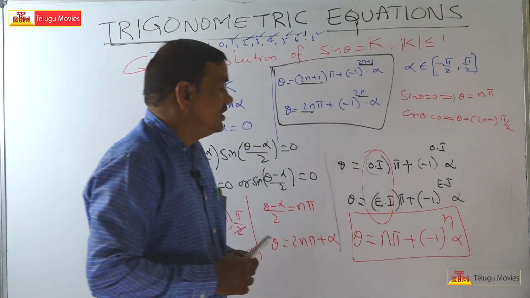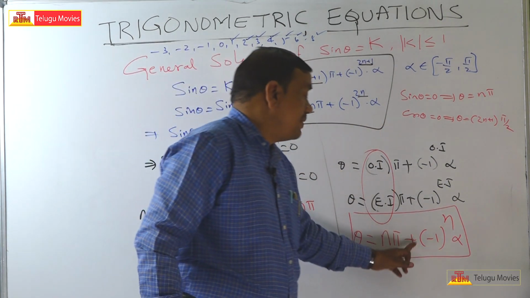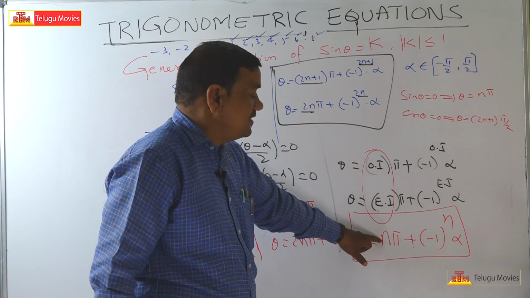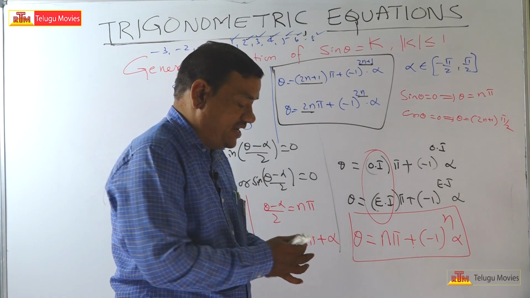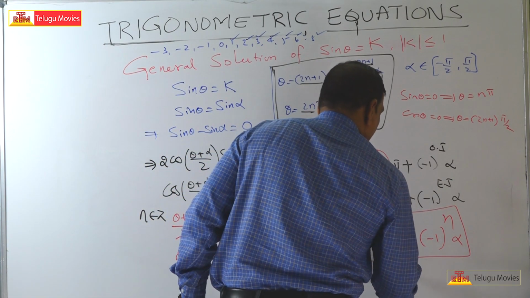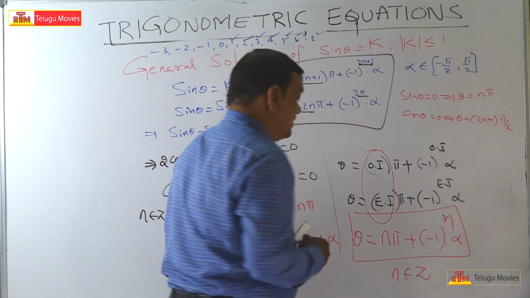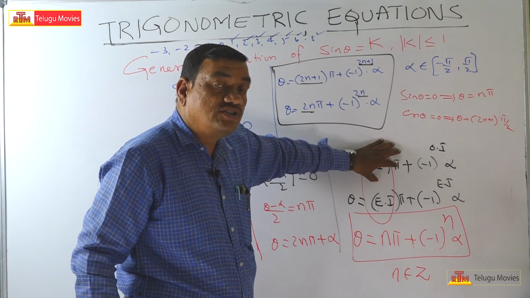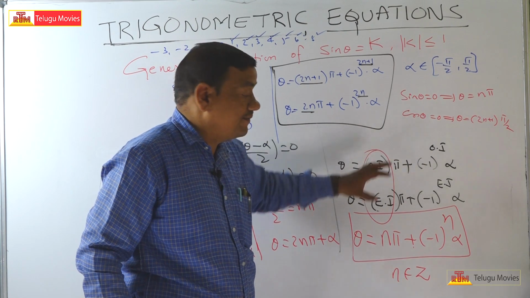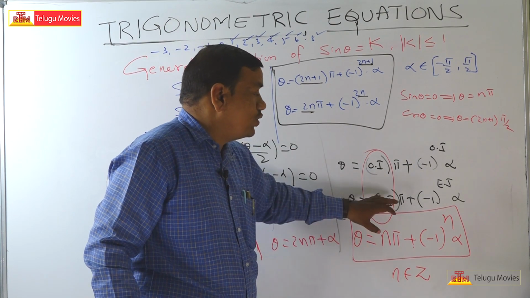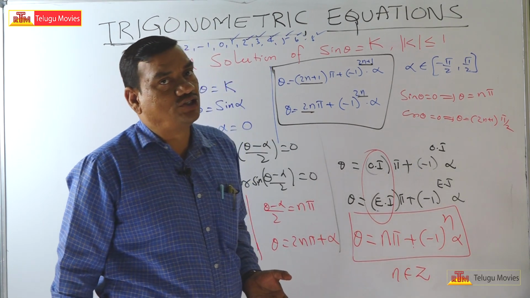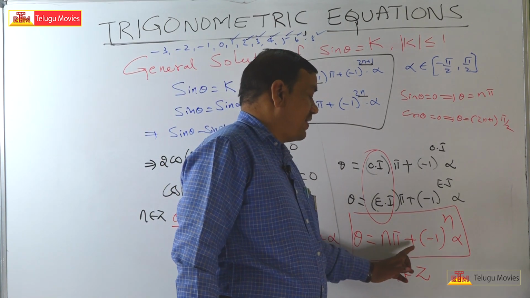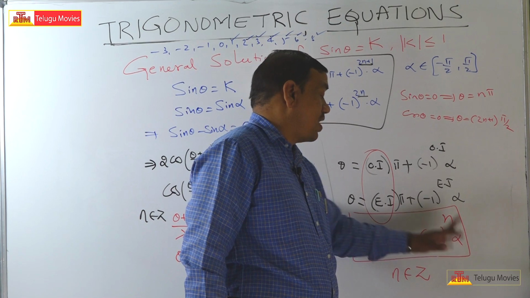So, theta is equal to n pi plus (minus 1) whole power n alpha, where n is an integer. If you take n as an odd integer, the first solution will be satisfied. If you take n as an even integer, the second solution will be satisfied. So theta is equal to n pi plus (minus 1) whole power n alpha.